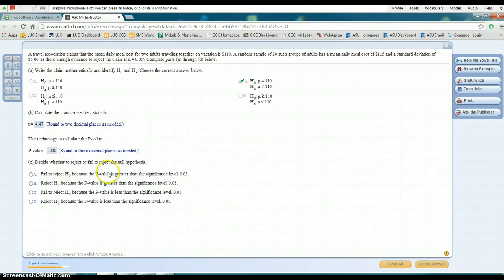Now decide whether to reject or fail to reject the null hypothesis. All right, for this, we're going to look at our choices. I don't even need to read these four, because simply stating when I look at the p-value of 0.000, and then I compare that up here to my alpha equals 0.05, the p-value is less than the significance level, so I will reject the null hypothesis because the p-value is less than the significance level.